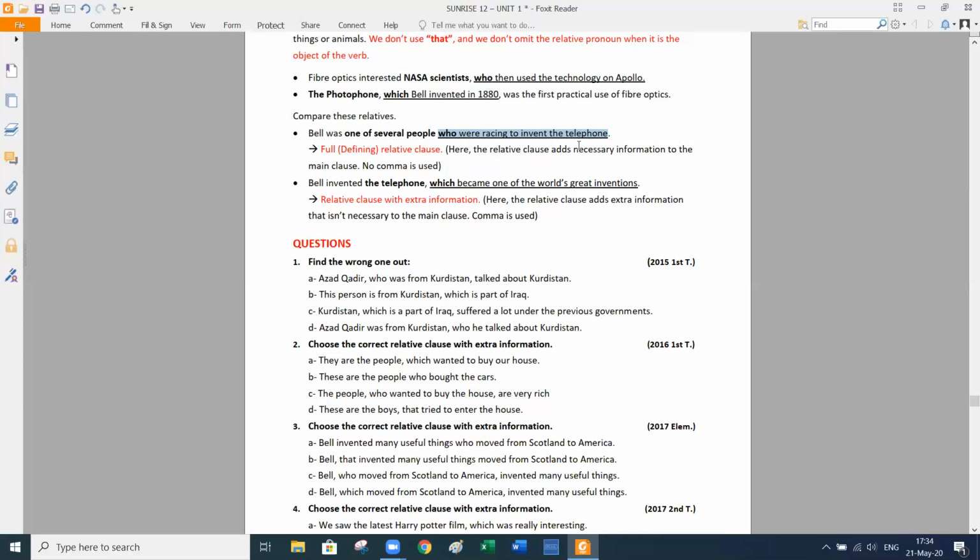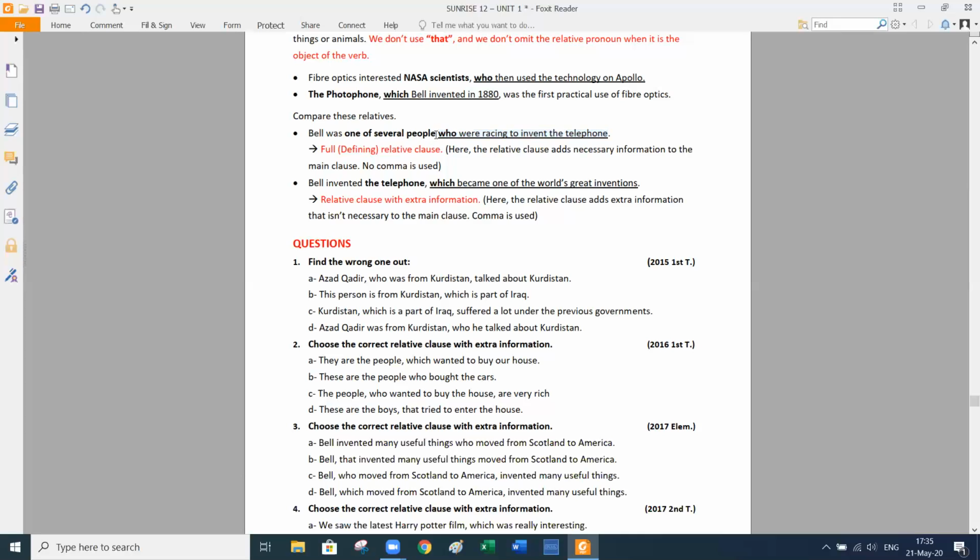So the relative clause is completing the meaning of the main clause. So we call this a full relative clause or defining relative clause. The relative clause is defining the noun in the main clause. One of several people. It's defining what several people.